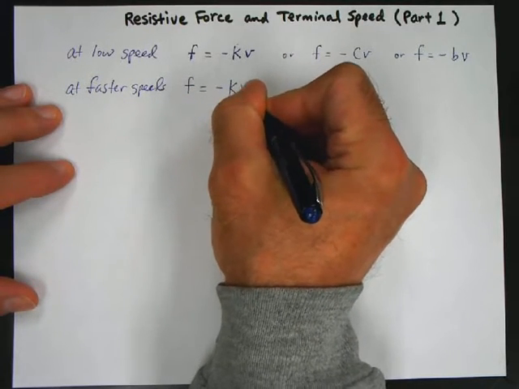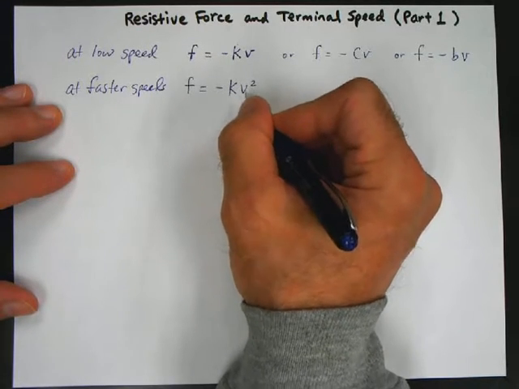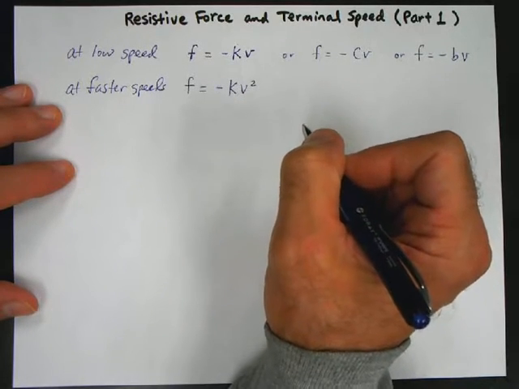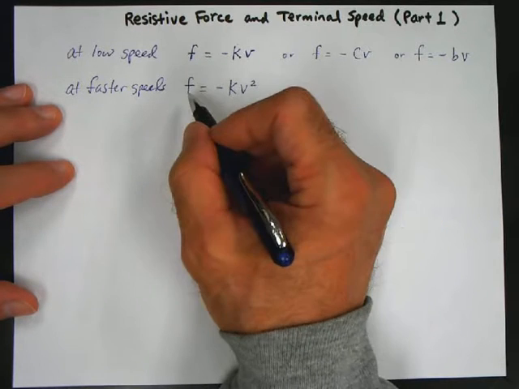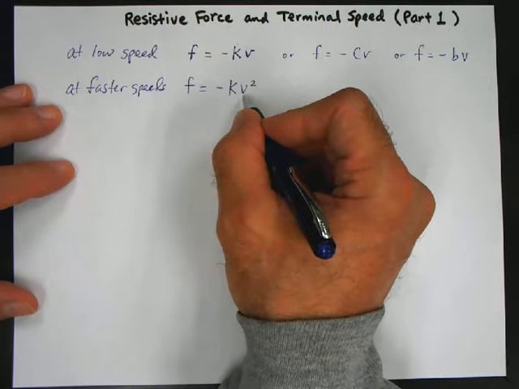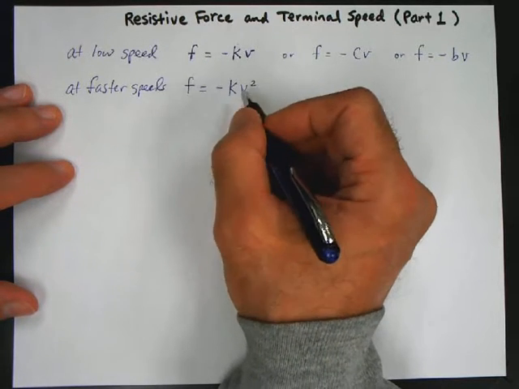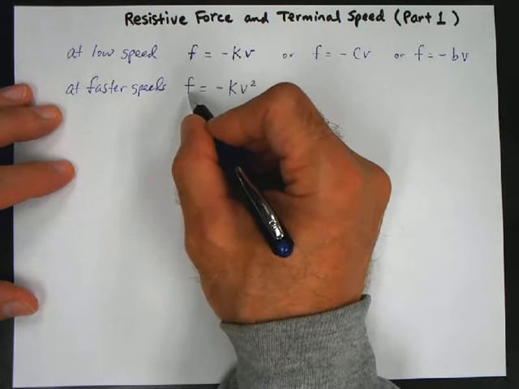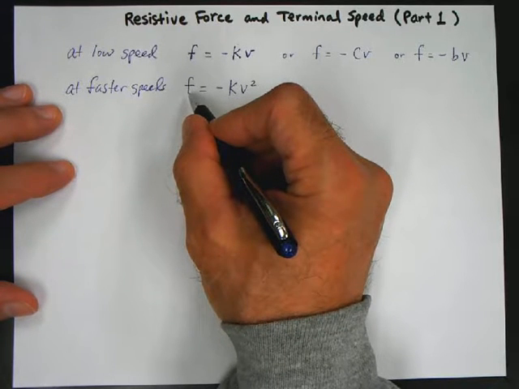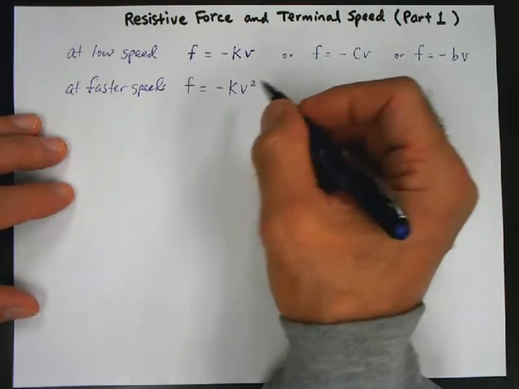You might have it like this, where the resistive force depends on the square of the speed. So as the speed doubles, the resistive force quadruples. If you triple the speed, the resistive force is 9 times bigger. If you quadruple the speed, the resistive force would be 16 times bigger.